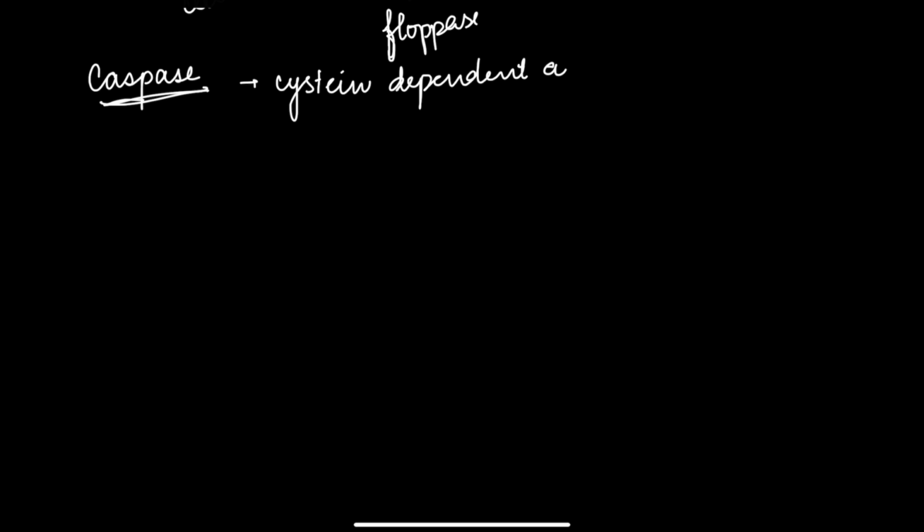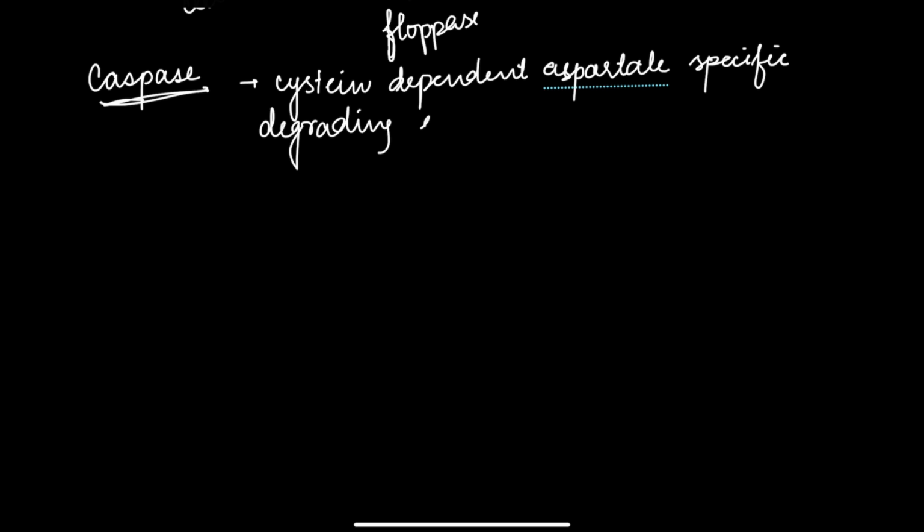Okay, so the main thing we will discuss first is the caspase enzyme. Caspase has a very important role in the process of apoptosis. What are caspases? They are cysteine-dependent, aspartate-specific, protein-degrading enzymes, right? So why is it named so?